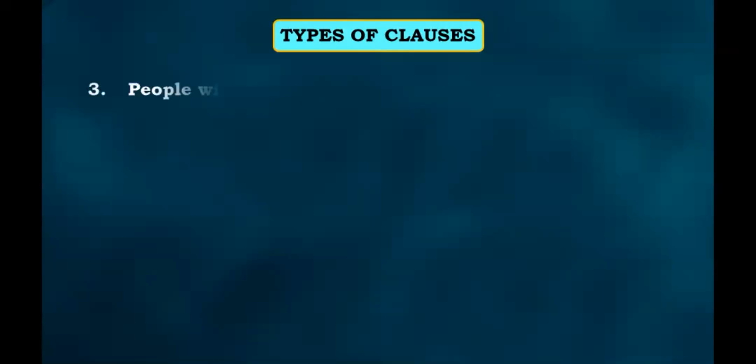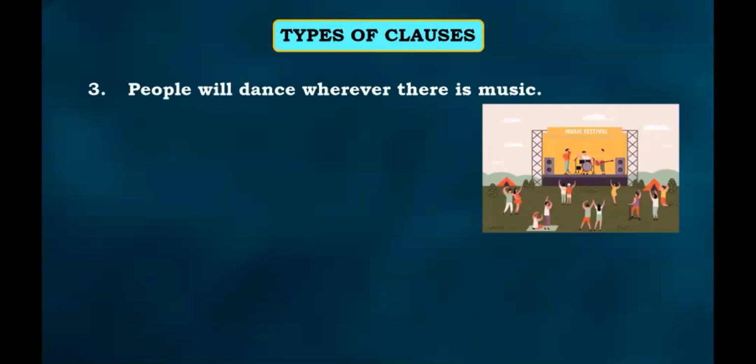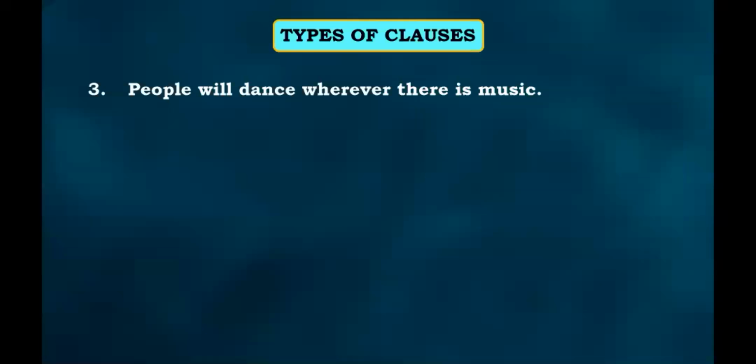Okay, come on. People will dance wherever there is music. Come on, pick out the two finite verbs and a subordinator. Will dance and is. Correct.